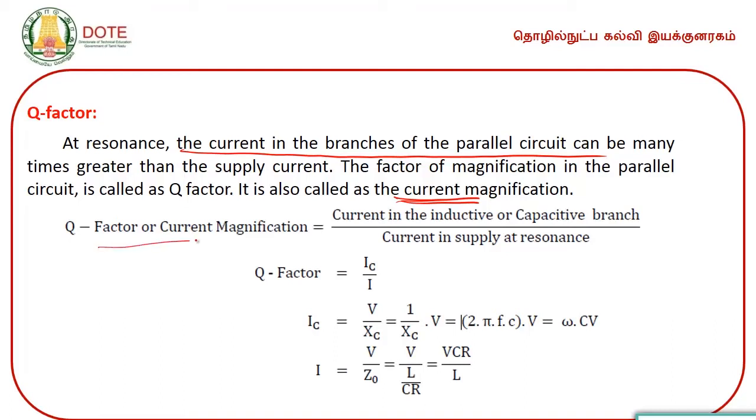So, the Q factor or current magnification is equal to the current in the inductive or capacitive branch divided by the current in supply at resonance.